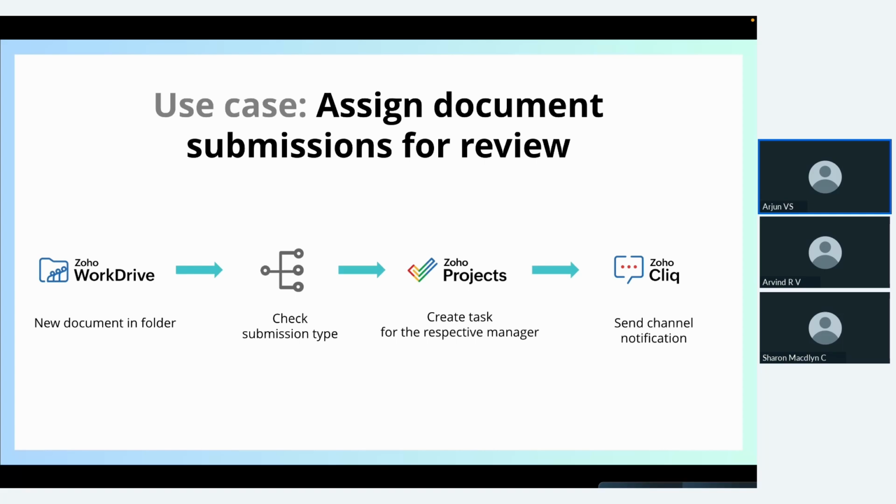If it's something else, maybe a design, you would want a different manager to take it up. So based on that, you can create a decision and then add a project to Zoho Projects. And finally, send a notification in Zoho Cliq. All right. So that should be it.